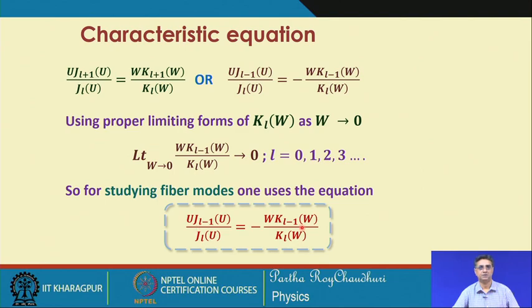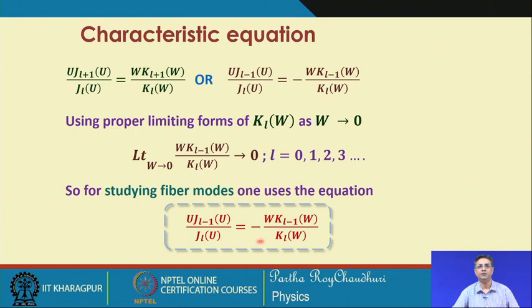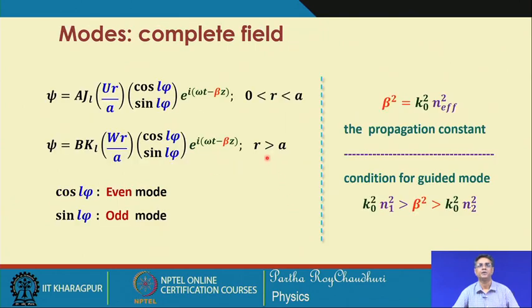Those are the solutions. It can be done numerically as well as by a graphical method. So, I get these complete field solutions for the core as well as for the cladding, and this beta takes care of the continuity at the core-cladding interface.